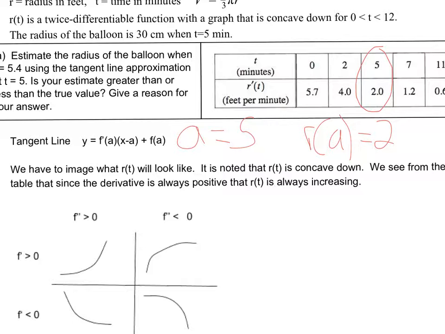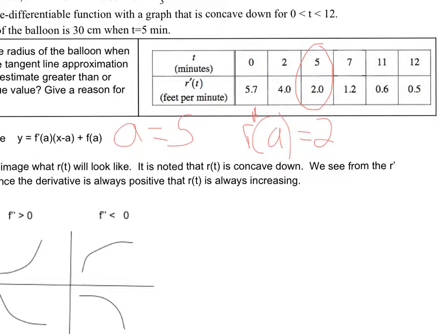And now we also need to know, of course, what r of a is. And r of a is r of 5, and r of 5 is given as 30 in the question, okay? So we need those three things.